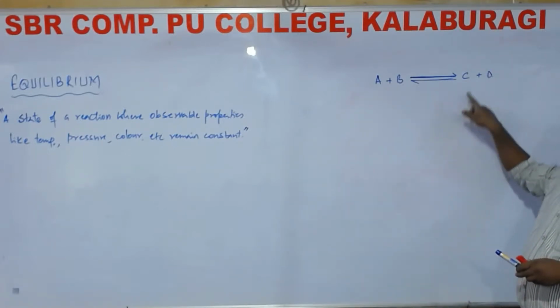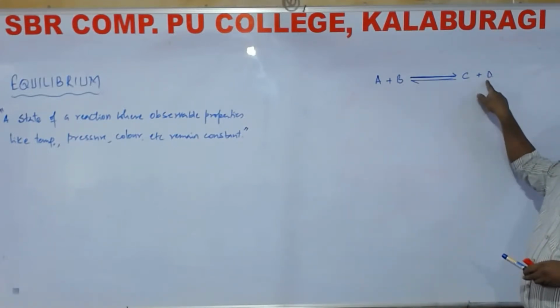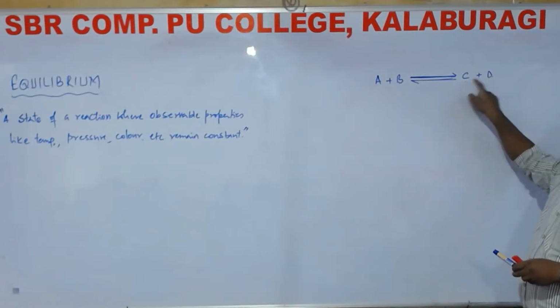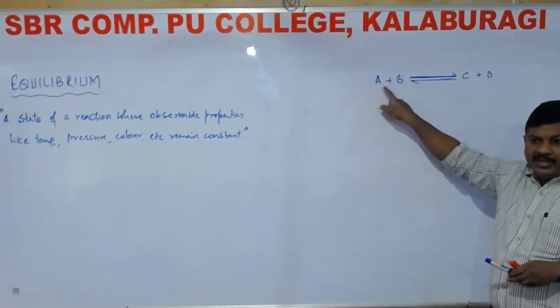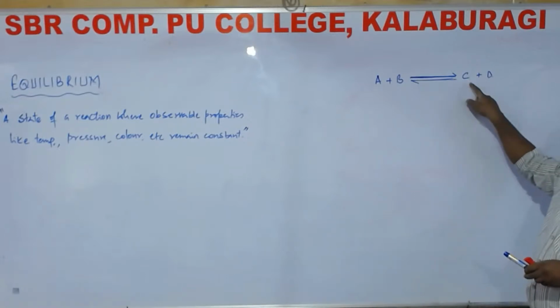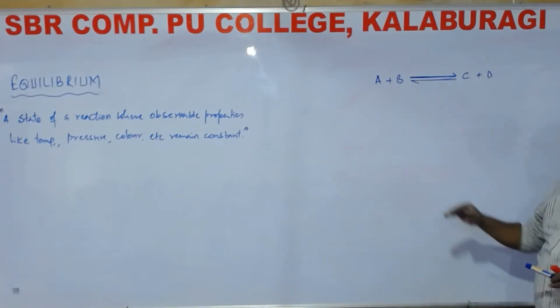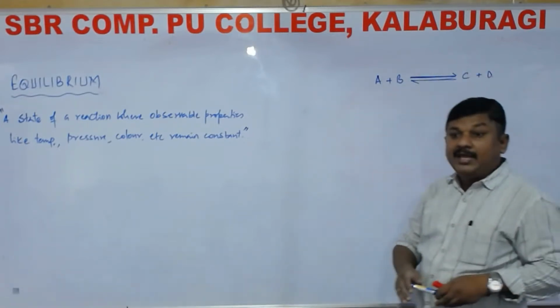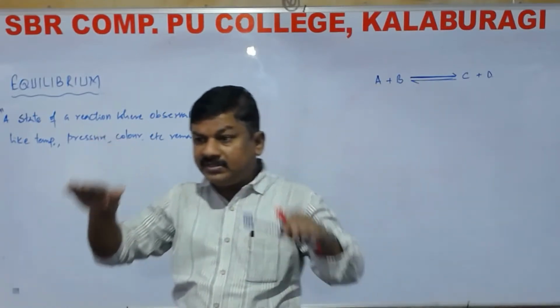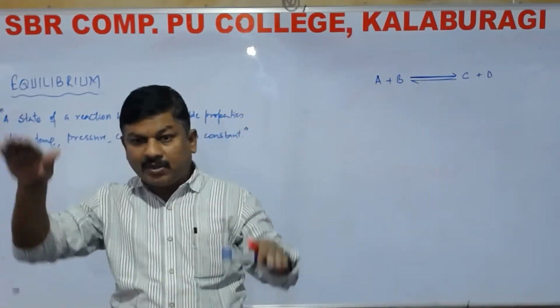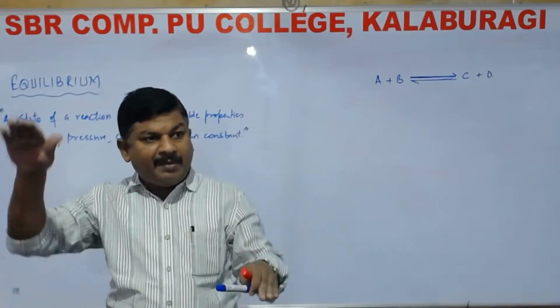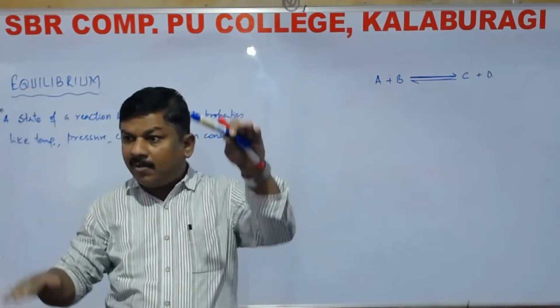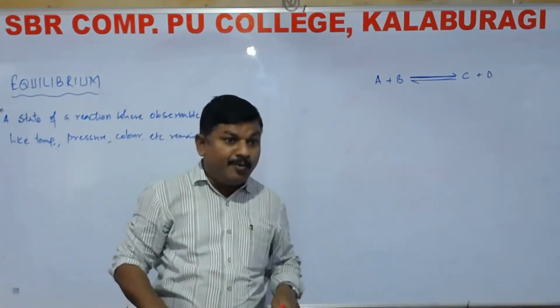After a certain amount of time, when the reaction takes place between C as well as D, C and D react together to form what? A as well as B. So the concentration of CD decreases, and the concentration of AB increases. How about this? What is this one? Seesaw. Yes, when you are playing on a seesaw, you can go up and down like that.